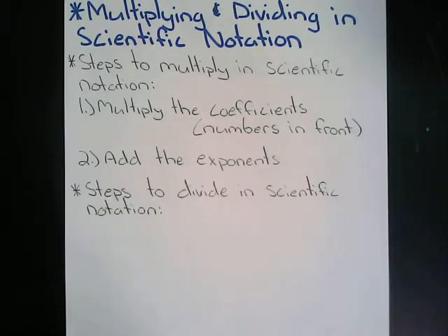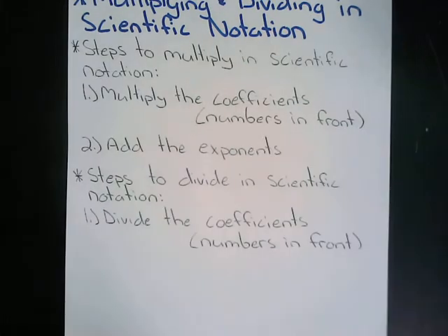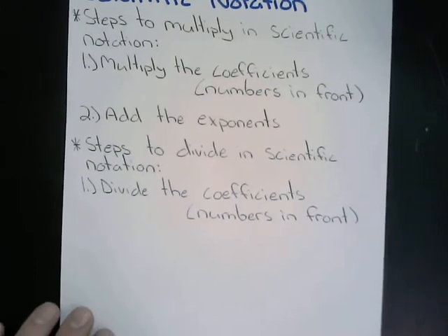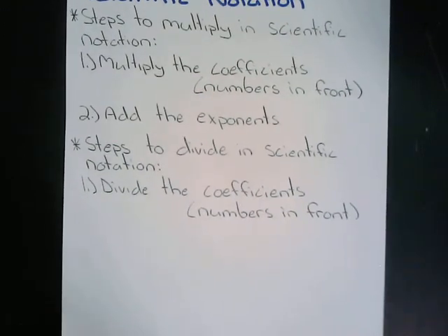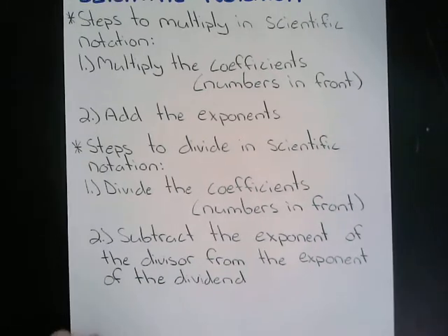Step number 1 is to divide the coefficients, or those numbers out in front. Then once you have divided the coefficients, you simply need to subtract the exponents of the divisor.